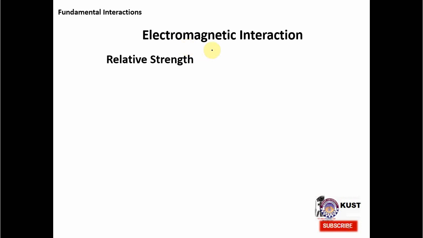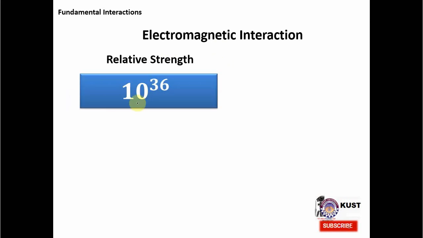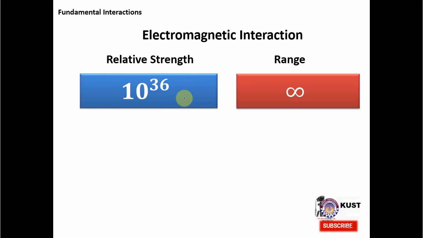It's very common in daily life routine; you can see that all the things are bound because of the electromagnetic interactions. Its relative strength is 10 to the power 36, so it's way weaker than the strong nuclear force, and its range is infinite.